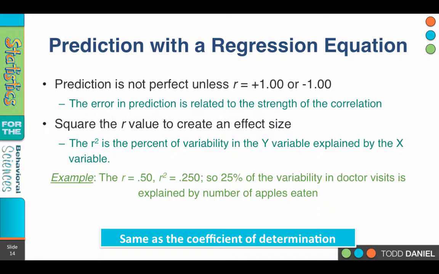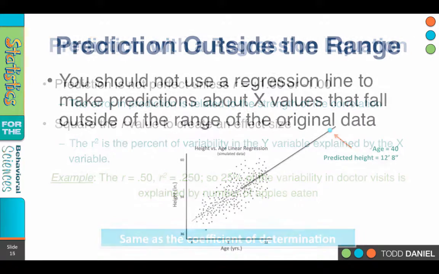The way that we would interpret that is that 25% of the variability in Y, let's say the variability in doctor visits, is explained by the number of apples eaten. 25% of the variability in Y, the criterion, is predicted by variability in X, the predictor variable.